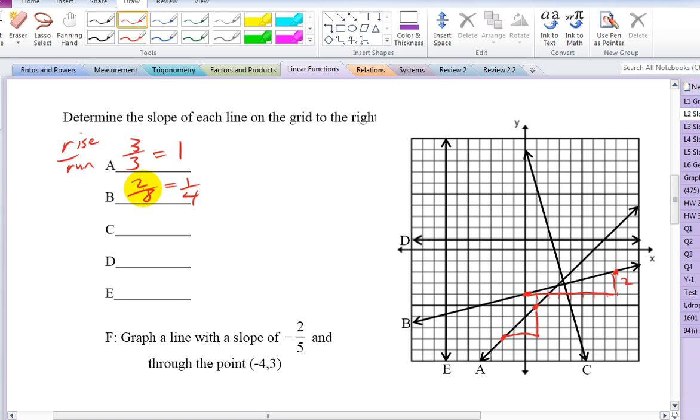Okay. Line C then, I would use, tough one, this one for sure, and this one for sure. Oh, I have to count down.